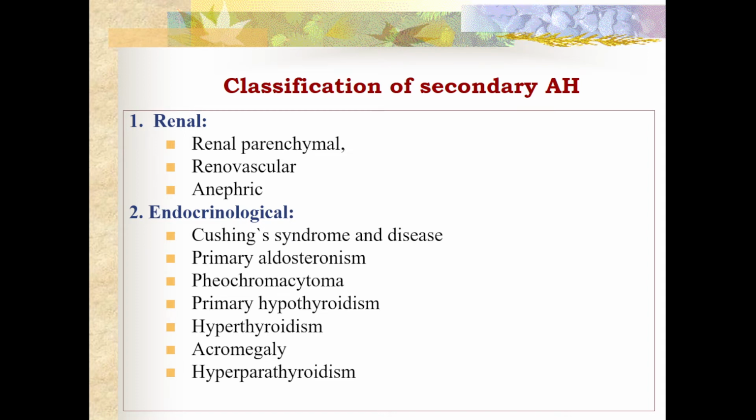Primary hypertension, arterial hypertension of unknown etiology, and secondary hypertension associated with an underlying disease. The classification of secondary arterial hypertension consists of some parts.